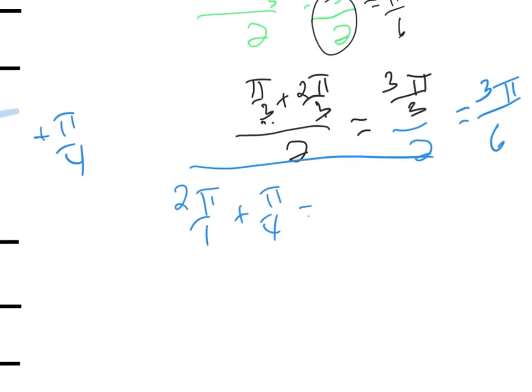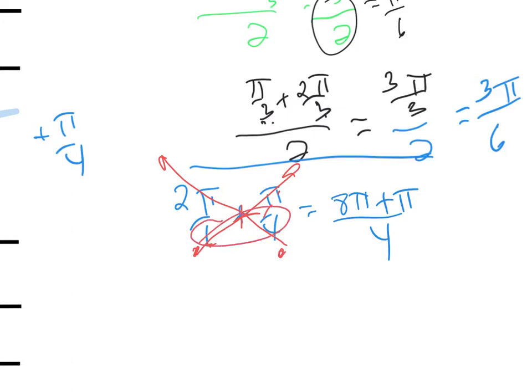That turns into 8 pi plus a pi divided by 4. How did I do that, you ask? I started here, I multiplied straight up. I went plus. I start right here and I multiply straight up. That's plus a pi. Then I take the product of the two. So there is 9 pi over 4.